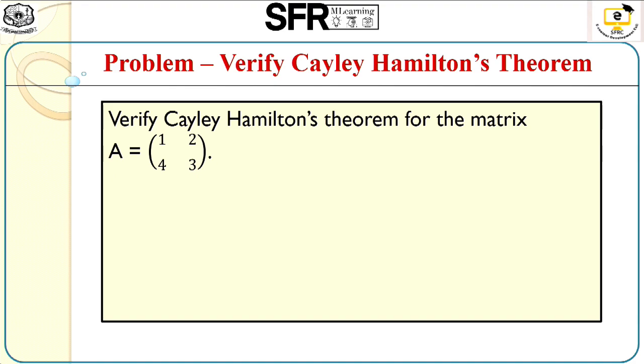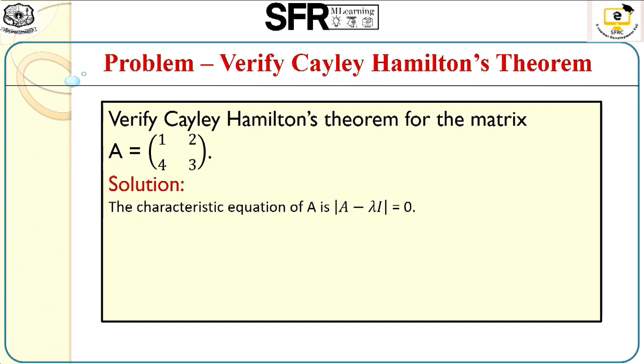So, the major question is how to verify the Cayley-Hamilton theorem. What the Cayley-Hamilton theorem states is that every square matrix satisfies its characteristic equation. Here we consider a 2 by 2 matrix. Let us find its characteristic equation and then check whether it is satisfied or not. Its characteristic equation is the determinant of A minus lambda I equal to 0.